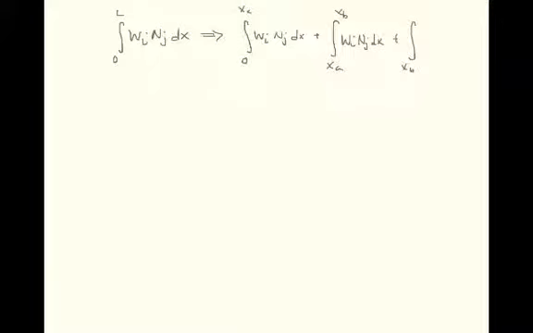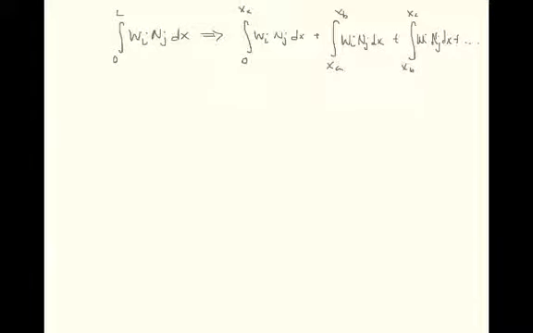So our term, once again, is the integral from 0 to L of W sub i N sub j dx. Just as before, we're going to break up the elements so that we have 0 to xa, W_i N_j dx, plus xa to xb, W_i N_j dx, plus xb to xc, and so on until we get all the way to the end.